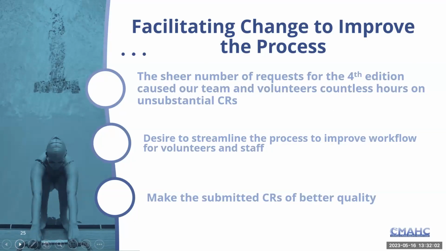This was the early days of the pandemic, and certainly the review process was delayed because of that. A third thing too is, not only were these number of CRs a massive amount, but we also had some that were not the highest quality CR. So we've looked at a threefold approach on revising this process. Next slide, please.